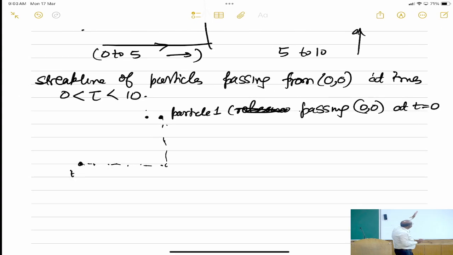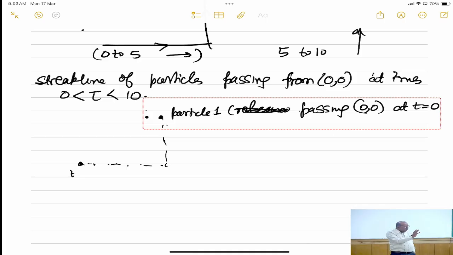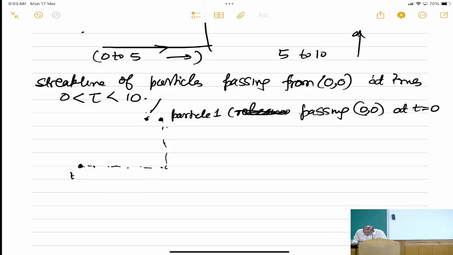Now the particle which is released at t equal to 1, what happens to it? For the first 4 seconds it moves horizontally, and then it starts moving up. This is the particle released at t equal to 1.